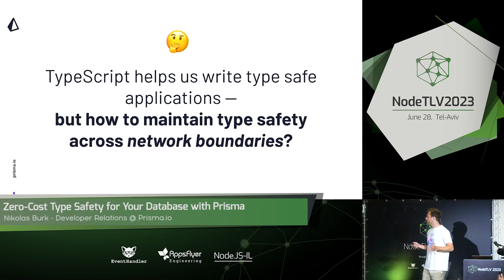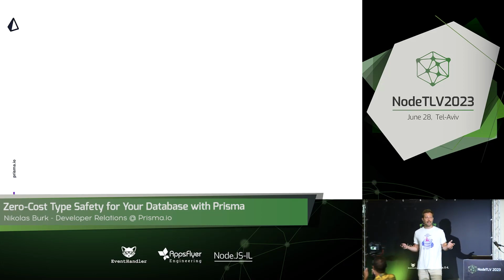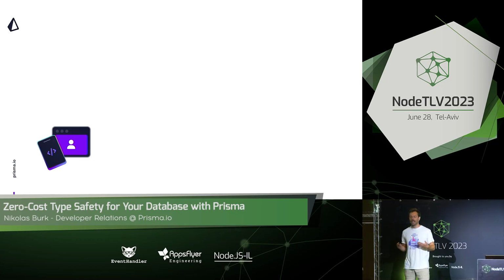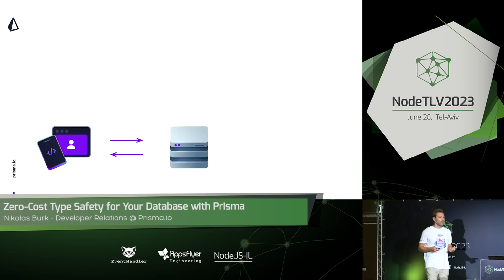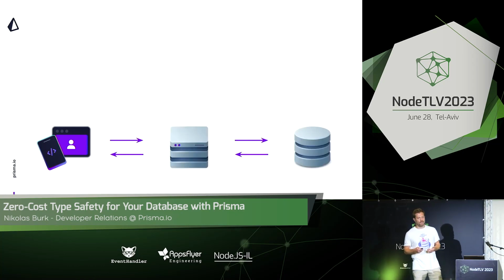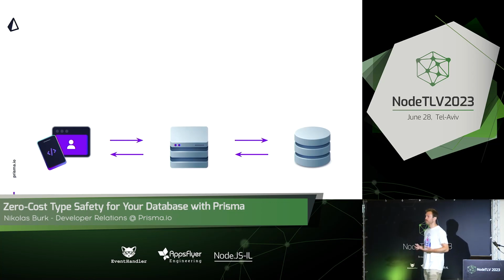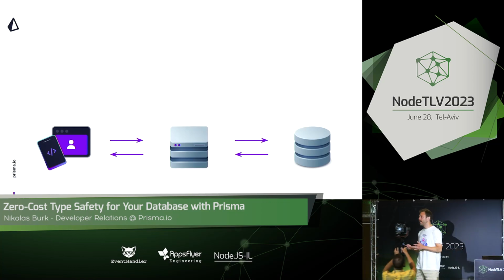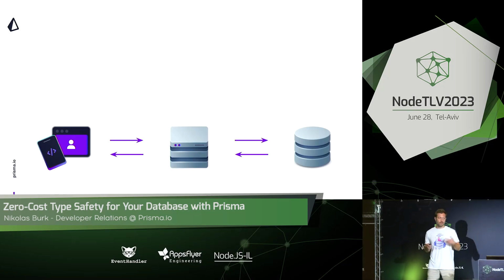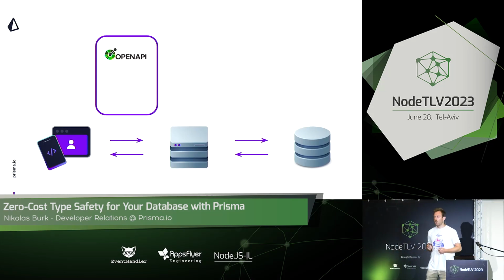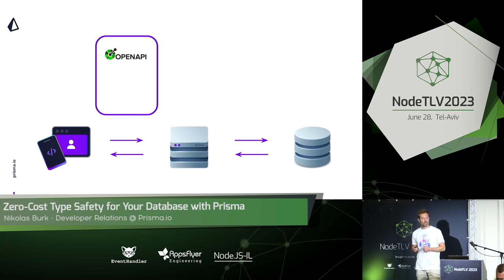If we think about this kind of very typical three-tier architecture that I think a lot of us are familiar with when we're thinking about how we're building applications. We have a client, we have an API server, and we have a database. And if you want to achieve type safety between your front end and your API server, I think three really great ways of achieving these are Swagger, that's now also called OpenAPI.